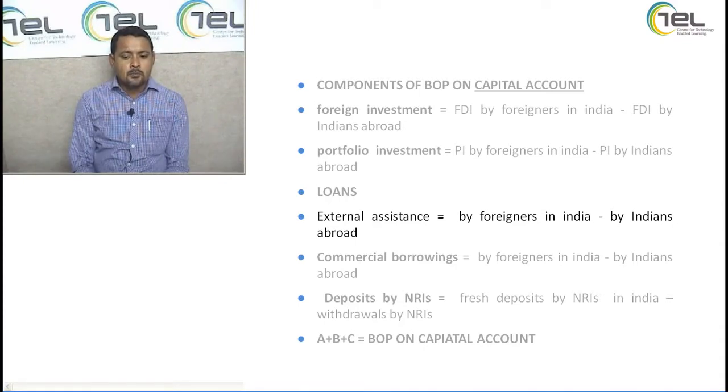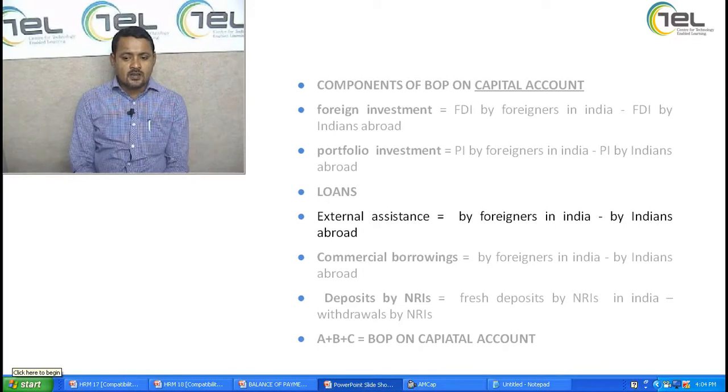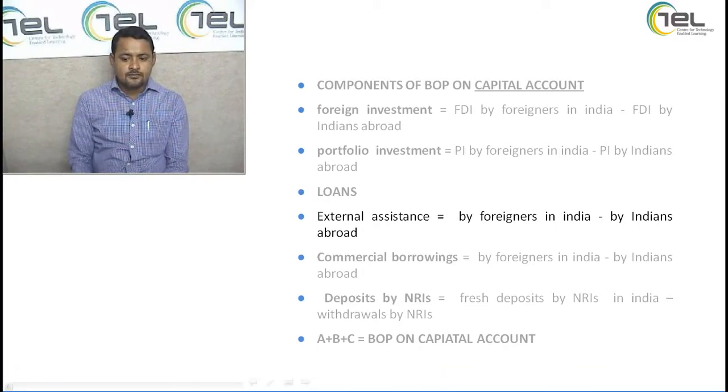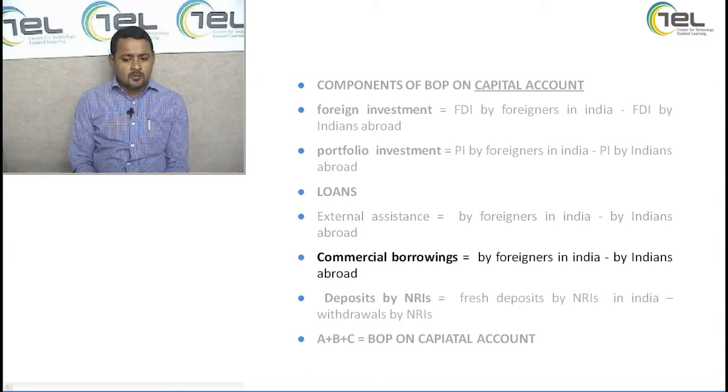These are assistances provided by foreign governments to the Indian government and the Indian government to foreign governments. Commercial borrowings are commercial borrowings by foreigners in India and by Indians abroad. When you subtract the former from the latter, you will get the net commercial borrowing.